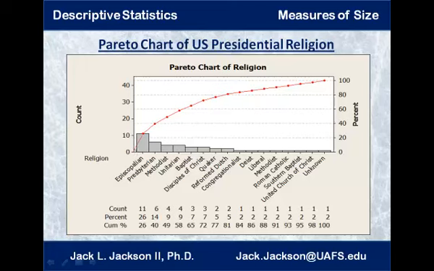The heights of the bars are actually the frequencies, which you can read where it says count on the left. Or you can see the percentages on the right, that's going to be the relative frequency.